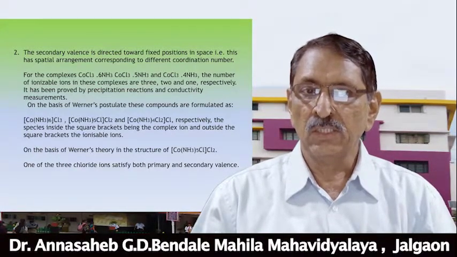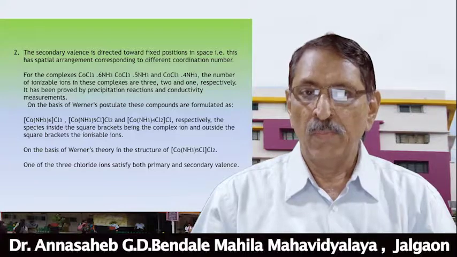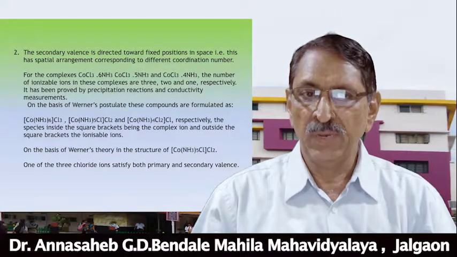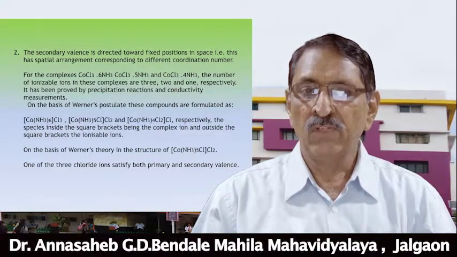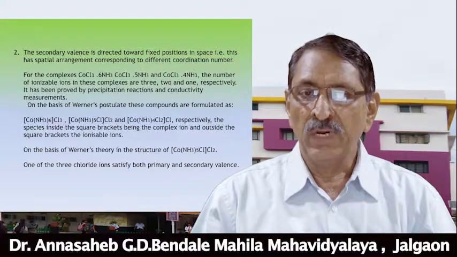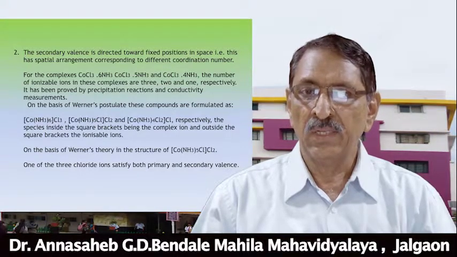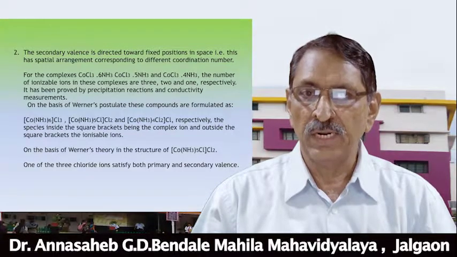This has been proved by precipitation reactions as well as conductivity measurements. The precipitation reaction shows that for the first compound we obtain a precipitate of weight 3 grams, for the second compound 2 grams, and for the third compound 1 gram.